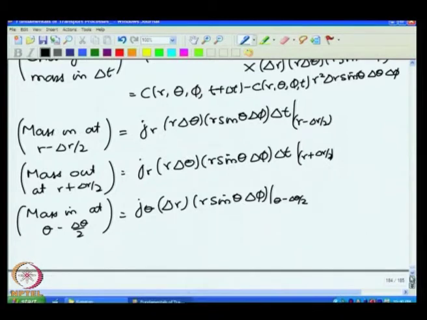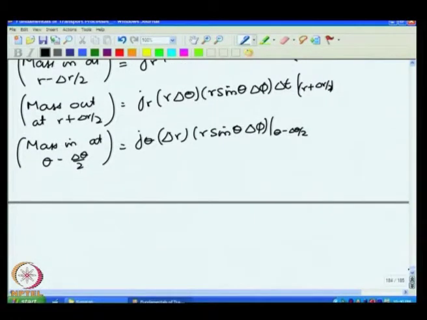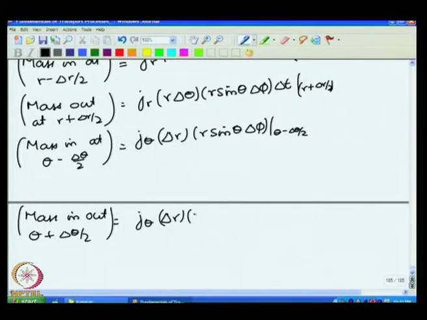Then I have a mass in at the surface at theta plus delta theta by 2 is equal to mass out, J theta times delta r times r sin theta delta phi at theta plus delta theta by 2.